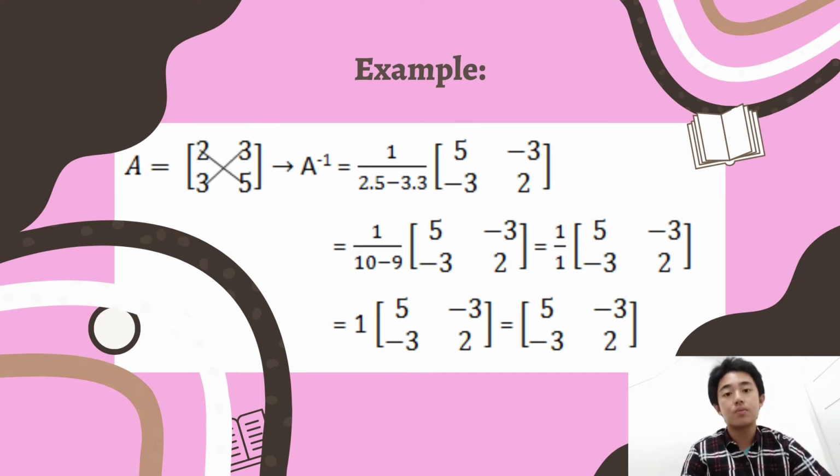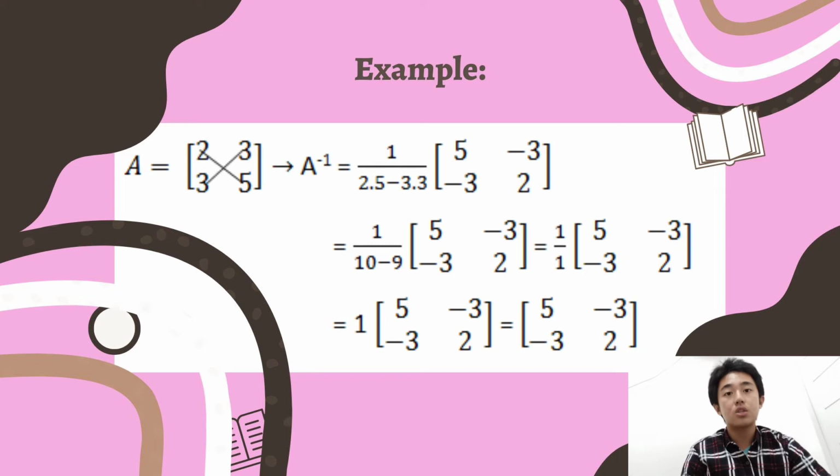So we're just going to input the number to the formula my friends explained earlier. So it is 1 by 2 times 5 minus 3 times 3. So for the times D, negative B, negative C, and A, it becomes 5, negative 3, negative 3, and 2.